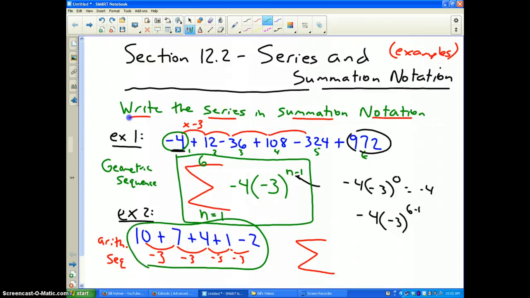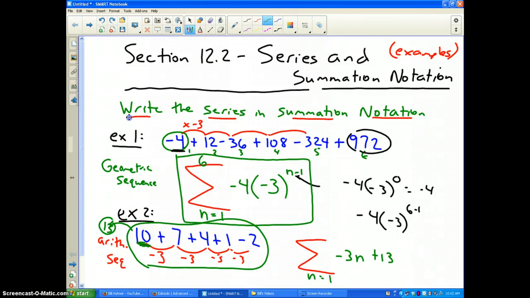If you recall, you have the slope, which is -3, times n, and then you need the 0 term, the term that would be in front of 10. If I go backward one spot, that would be 13. So -3n plus 13. And then again, n equals 1.